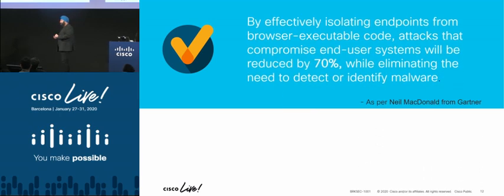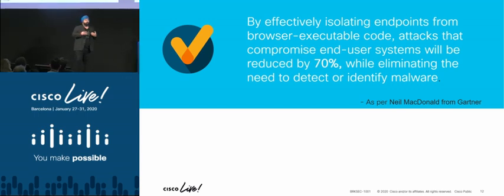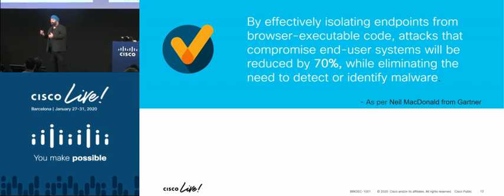One of the first things coming from Gartner is that if you're effectively isolating the browser executable code, the attack surface can be minimized by 70%. That's a huge number, not a small number, while eliminating the need to detect the malware.